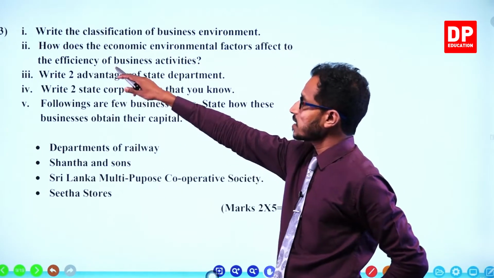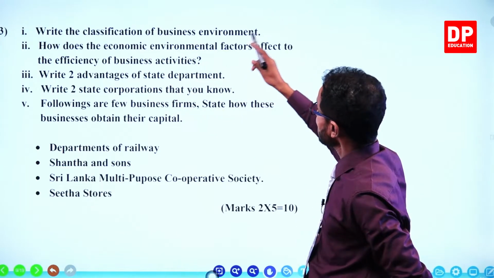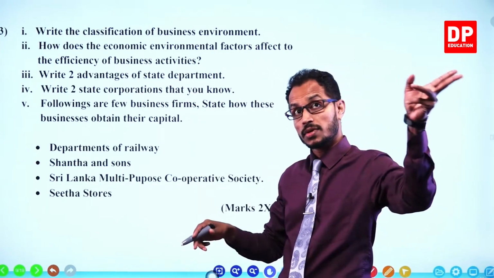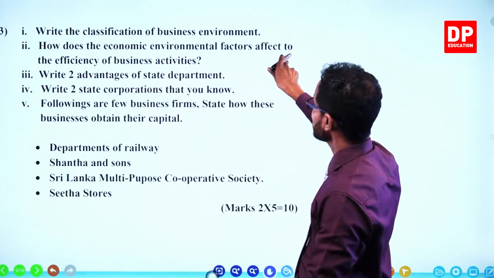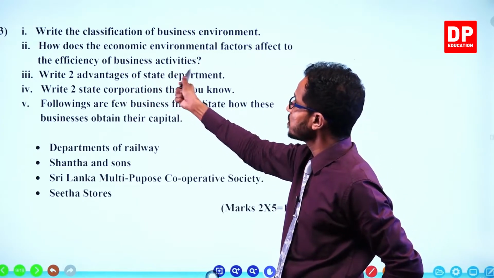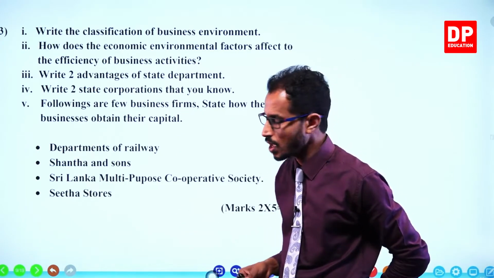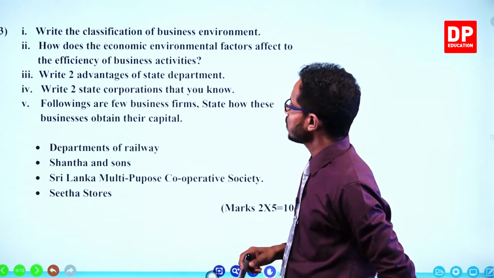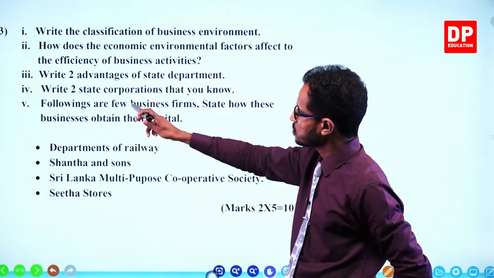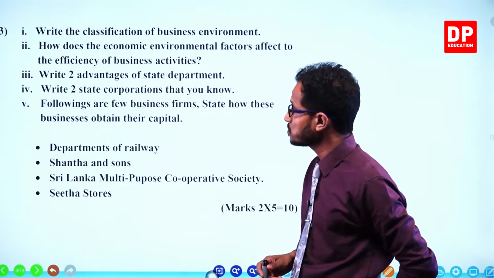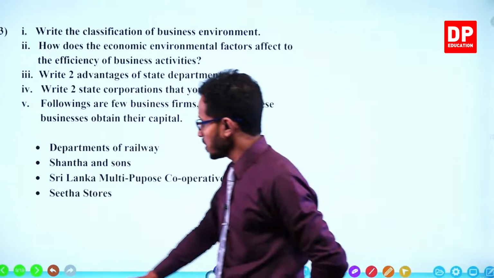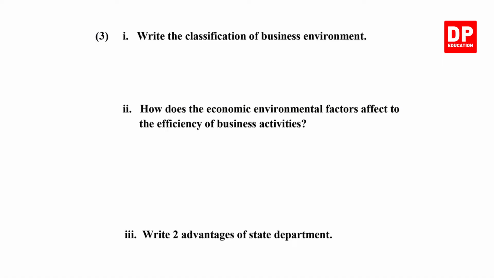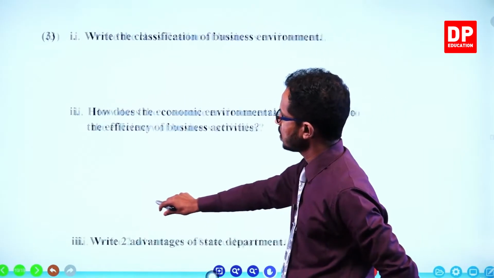Then, second, how does the economic environmental factors affect the efficiency of business activities. All right. Write 2 advantages of state departments. Write 2 state corporations that you know. Government, state departments and state corporations. Let's go and answer these.